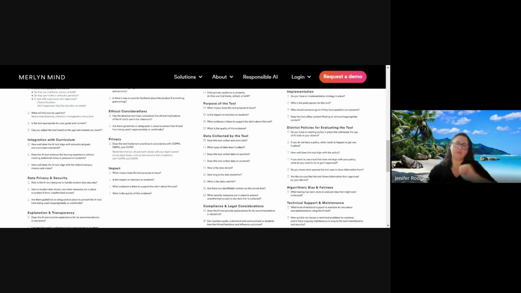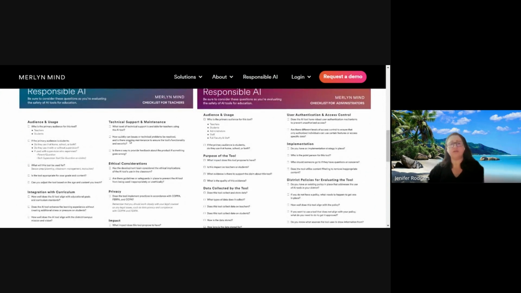What is this going to be used for? What information is accessible? What is the privacy and security for the data? Does it meet these laws? Does it do the same as something that we already have access to that we know for sure is secure? So just some things to think about.